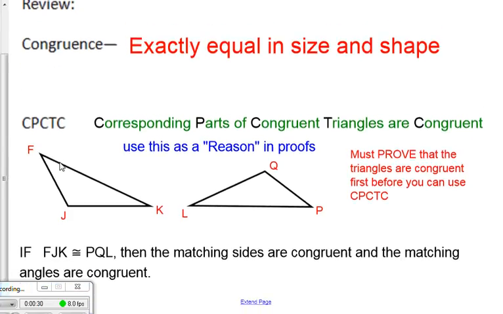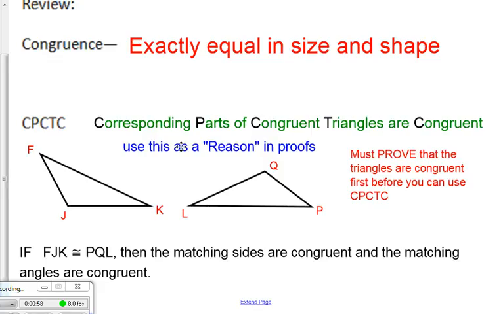Another one to recall here, CPCTC, corresponding parts of congruent triangles are congruent. And that's a theorem that we use. Once we know that these two things are congruent, we can use this theorem as a reason.